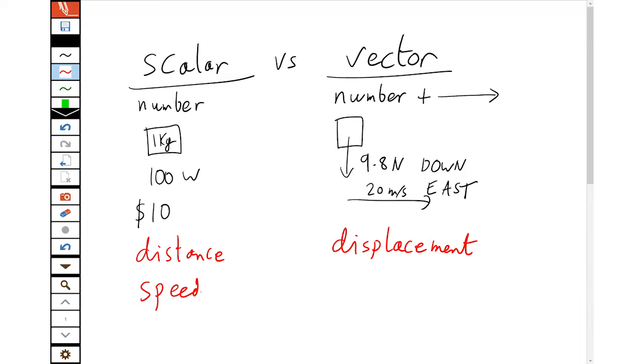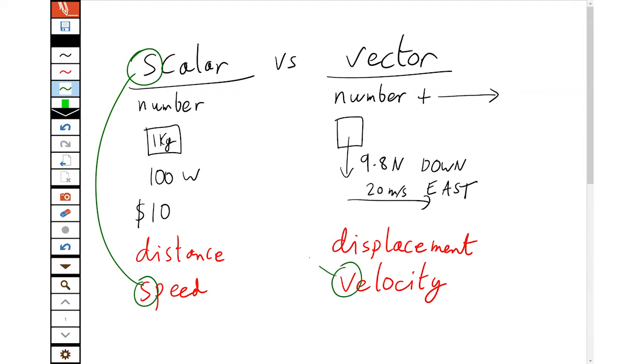Likewise, speed is a scalar and velocity is a vector. And those are pretty nice. You can see they alliterate. Speed is the scalar, velocity is the vector. And we're going to go on and see those in more detail right now.